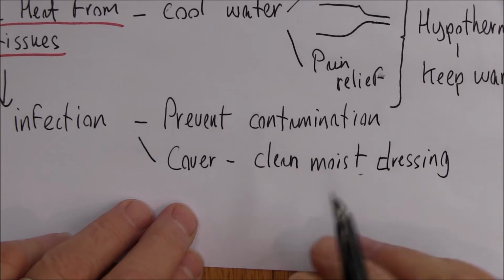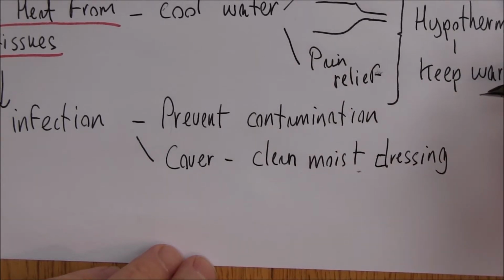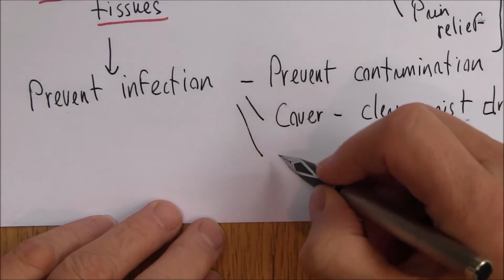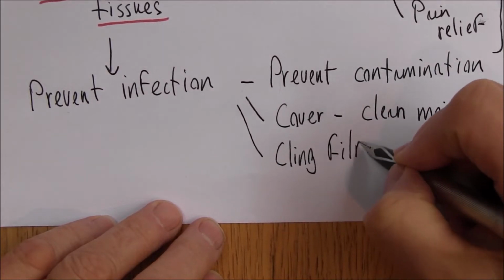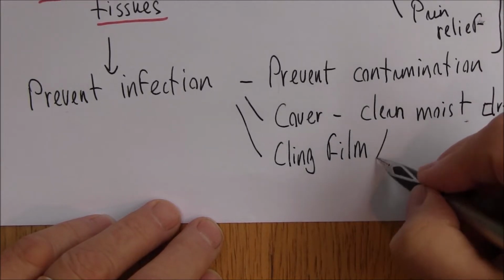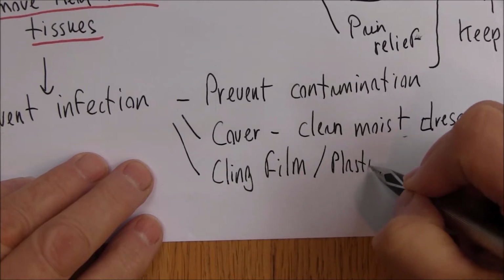This is probably the best way if we need to transfer someone to hospital, just to cover it with a moist dressing. And the other thing that's good for burns is cling film. Just simple kitchen cling film, or we could use a plastic sheet even, a clean one.